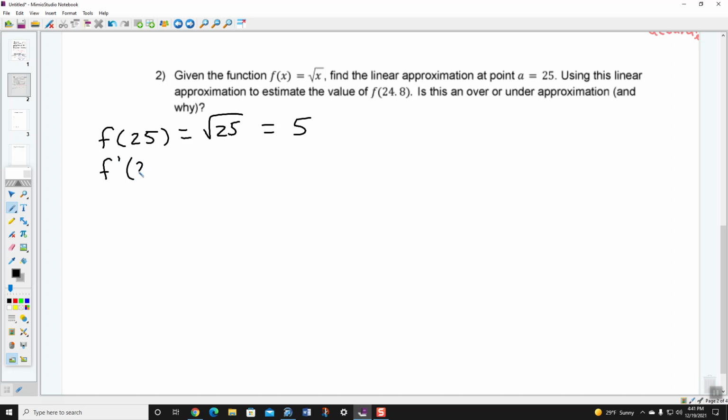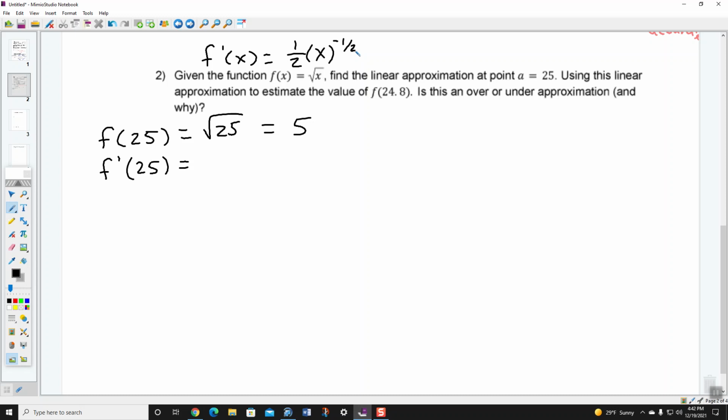Well, kids, I don't even know what f prime is, right? But I know the function is the square root of x, which is like x to the 1/2 power. So the derivative of x to the 1/2 power: f prime of x would equal 1/2 x to the negative 1/2 power times the derivative of what's inside, which is 1.